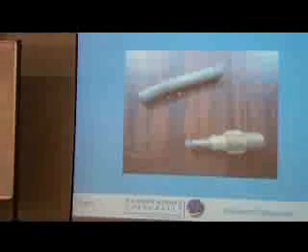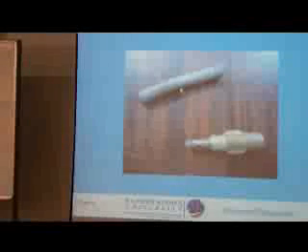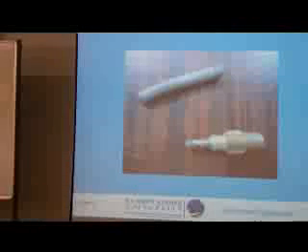Since the air is exerting a lot of pressure, this rubber tube will expand and then let the air in. When I apply a pressure, what will happen? The rubber tube will expand at this part and then it will let the air in.